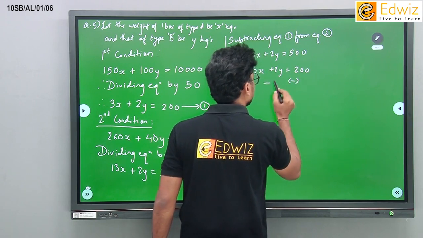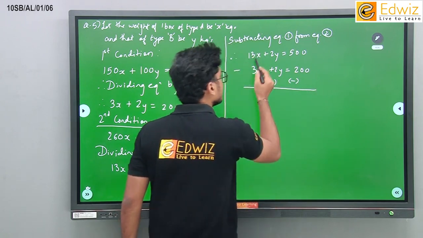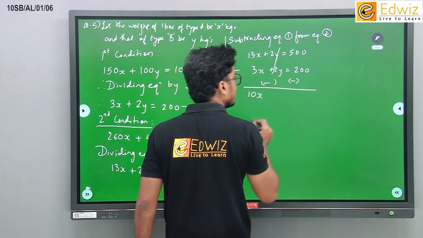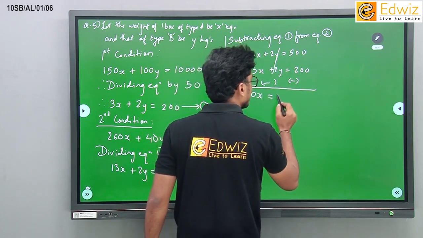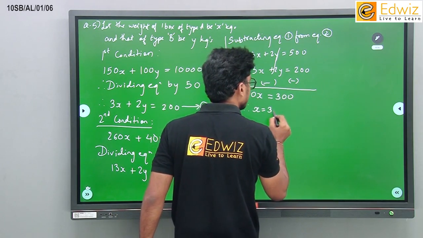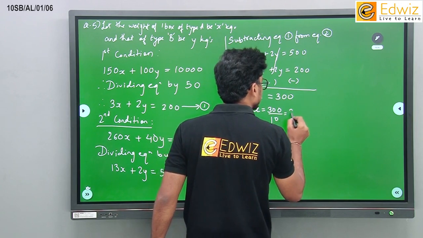Subtract this, signs will change of course. 13x minus 3x is 10x. This gets eliminated, equal to 500 minus 200 is 300. So the answer for x is 300 upon 10, that is 30 kgs.